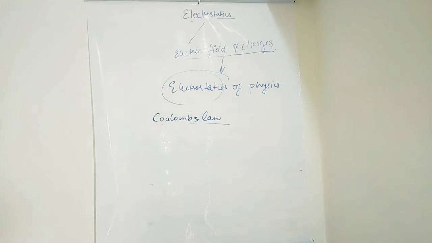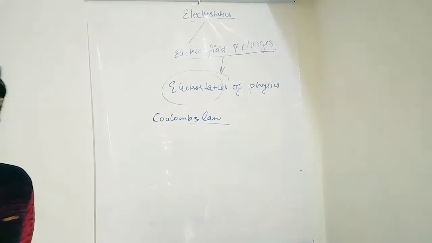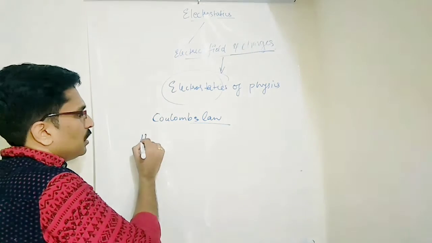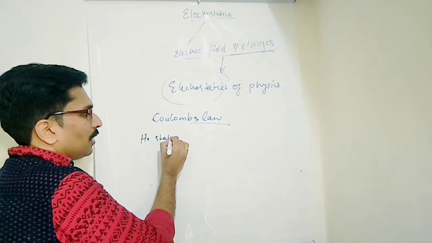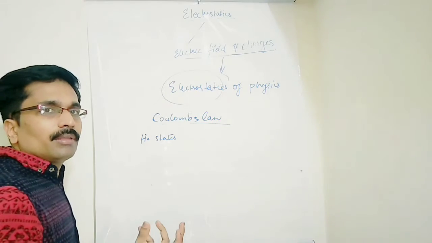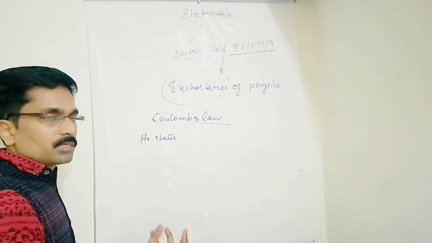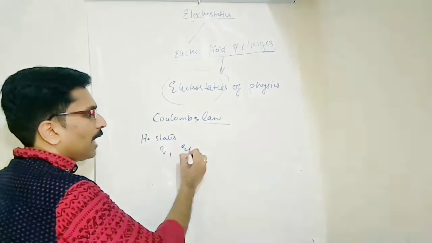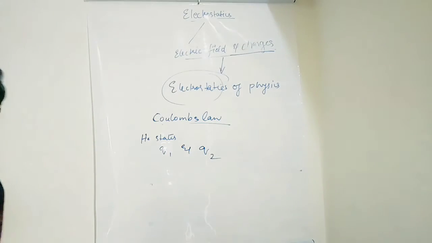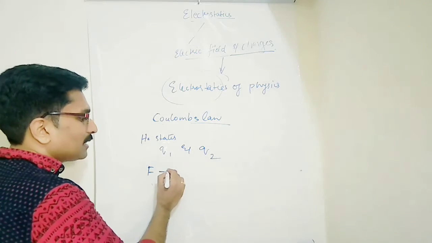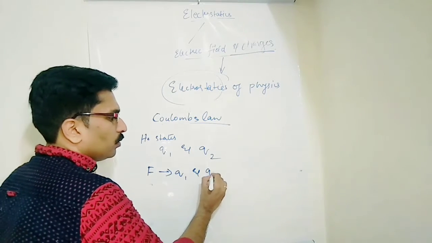Regarding Coulomb's law, he stated that we all know there are forces of attraction between two charges. Here we take the two charges as Q1 and Q2, supposed to be test charges, and let F be the force acting between Q1 and Q2.